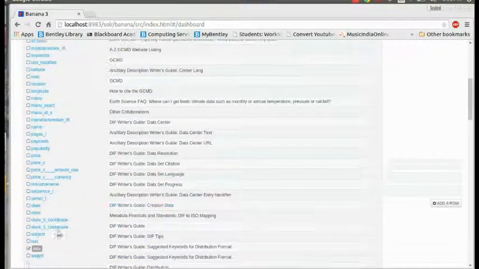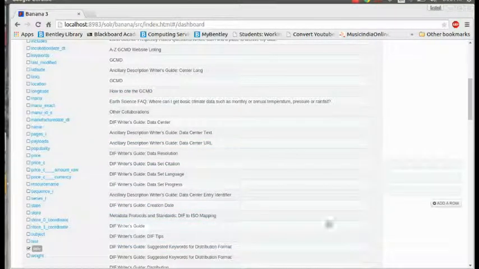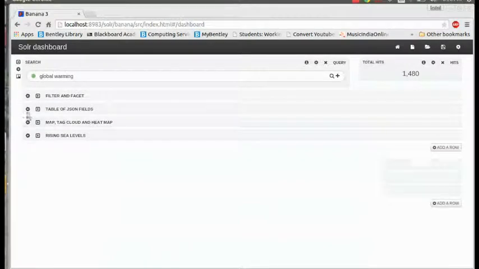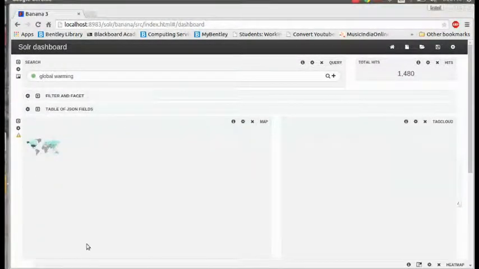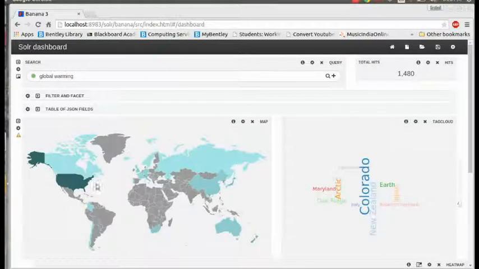Say we select title over here, then we get the title of all the documents that were retrieved. Then we have a map which gives us information about where global warming has affected which areas in the world.